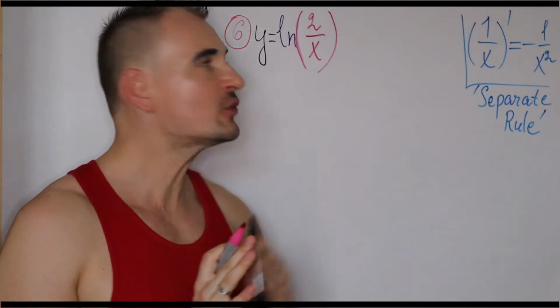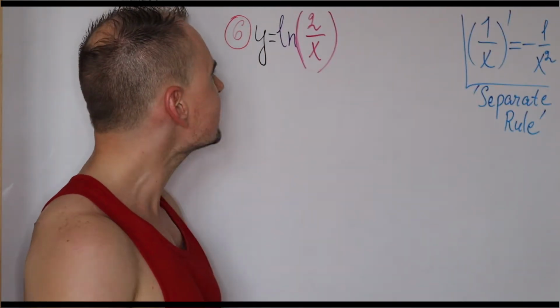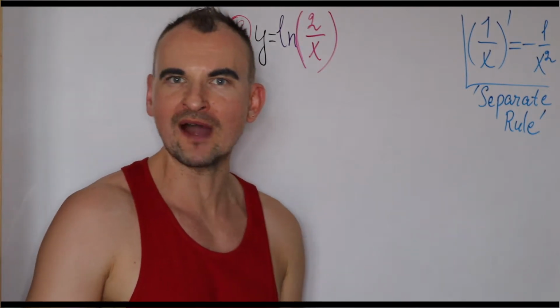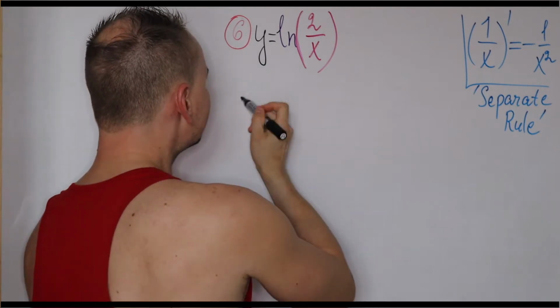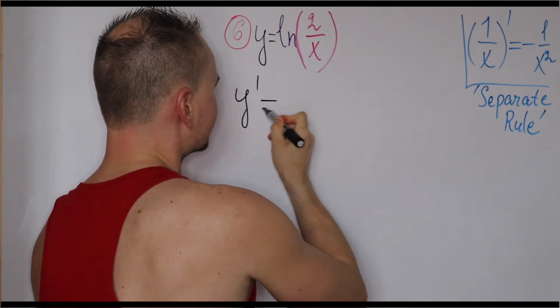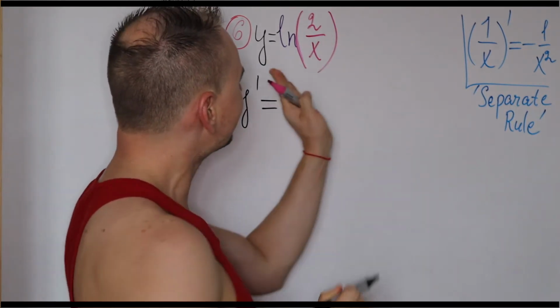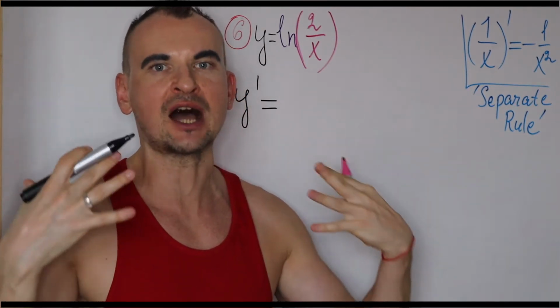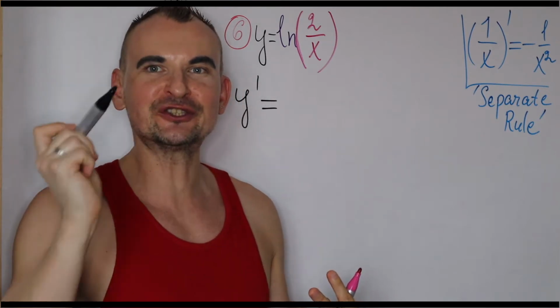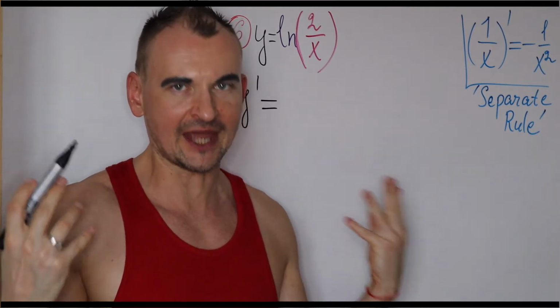Now moving on, say you have to handle this one, y equals ln of 2 over x. Precisely the same idea applies over there. So the derivative y prime equals 1 over this entire argument. Again, since you are given ln as your outside function, you need to take care of the derivative of ln first.